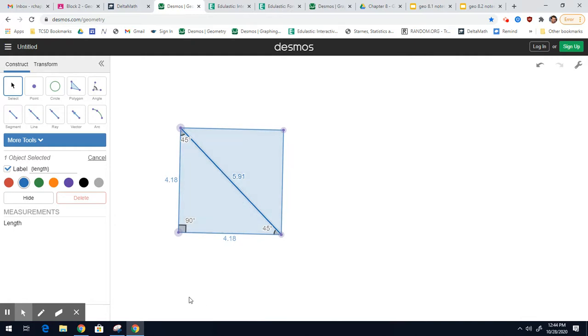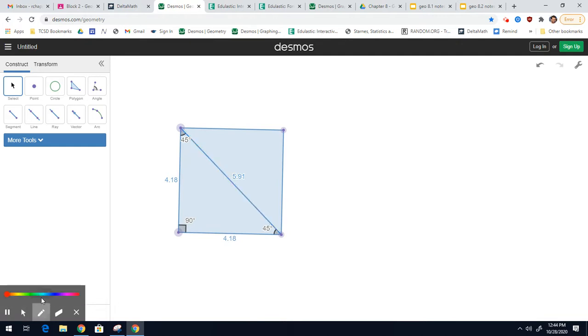And look at that, 5.91. It's amazing, right? So in a 45, 45, 90 triangle, this is the relationship that always occurs. This side length can be called x. This side length is also x, and then the hypotenuse is x square root of 2. And this relationship always holds for a 45, 45, 90 triangle, the isosceles right triangle.